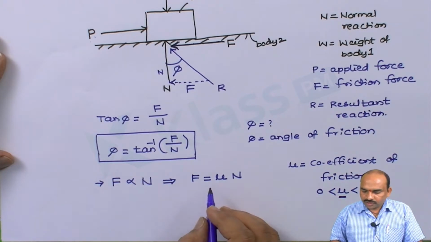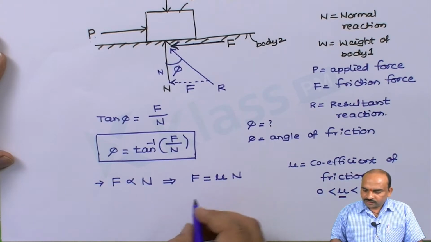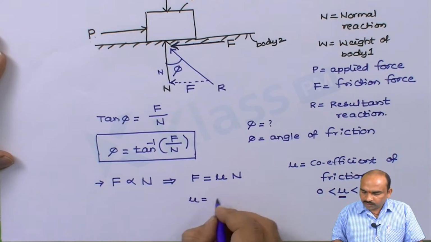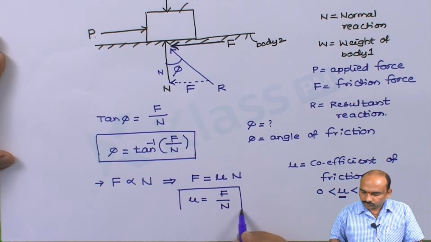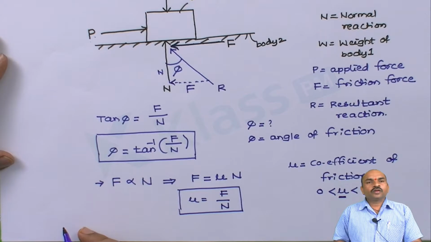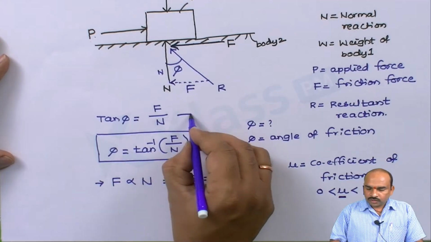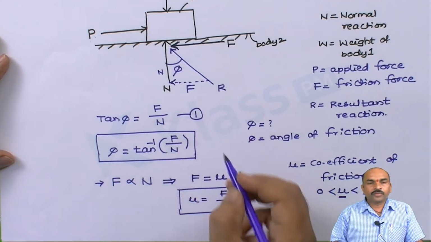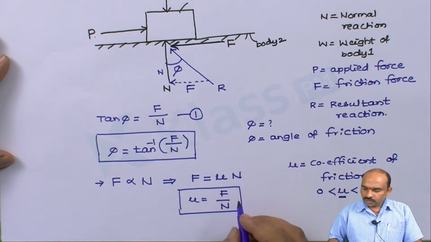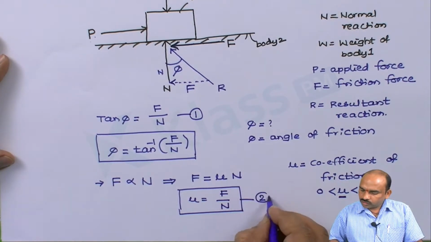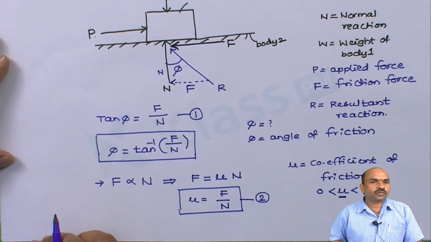Now from this I will write mu equal to F by N. Now just observe this equation, formula 1 and formula 2, and compare these two.